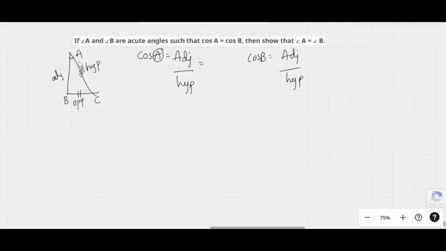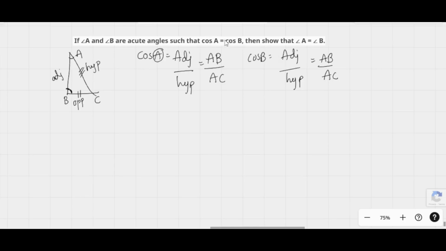Now what is adjacent for angle A? AB by AC. Coming to angle B, for angle B also the adjacent will be AB only. Yes, AB by AC. Okay, done.